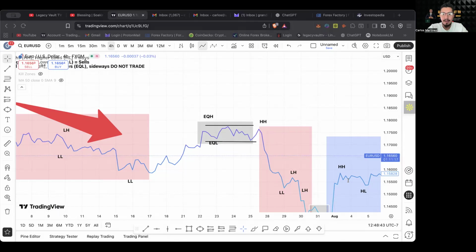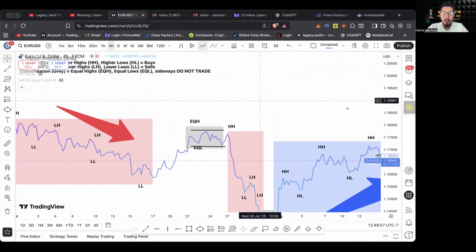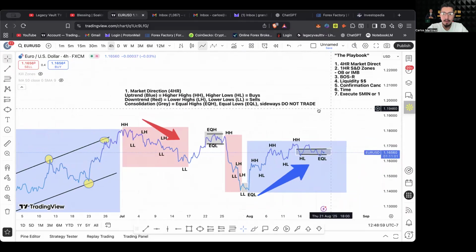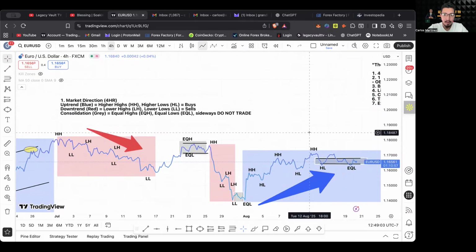This indicates indecision or an accumulation or distribution phase in the market. So you're seeing a liquidity buildup. And we'll talk more about liquidity when we go over the fourth step in the playbook in later videos.